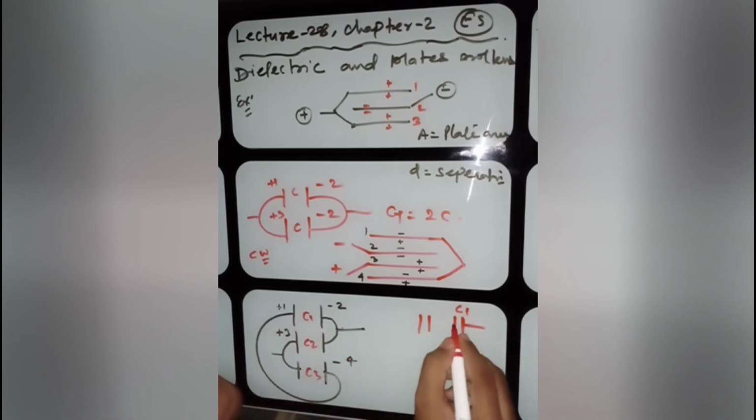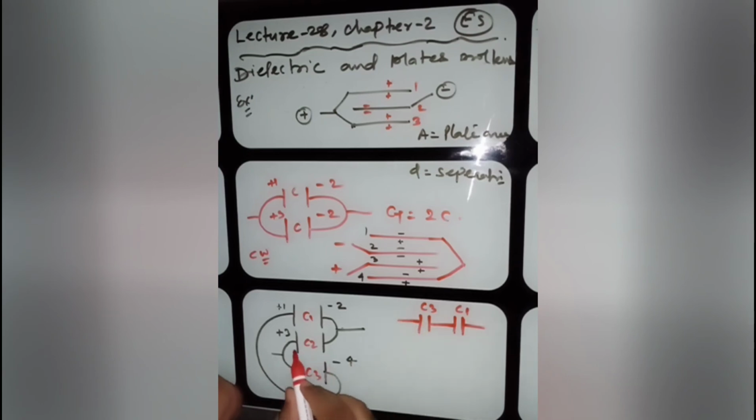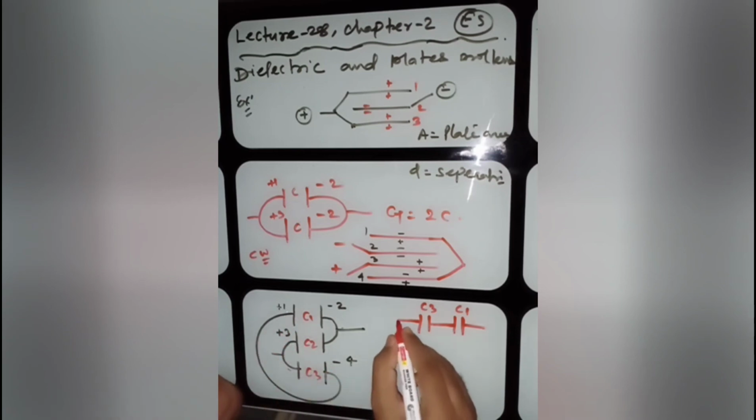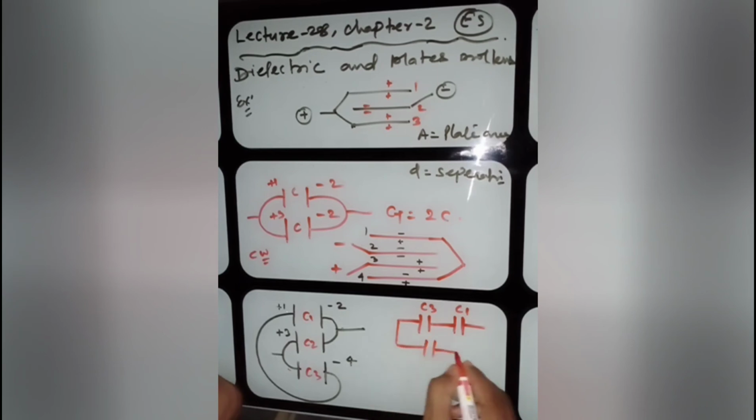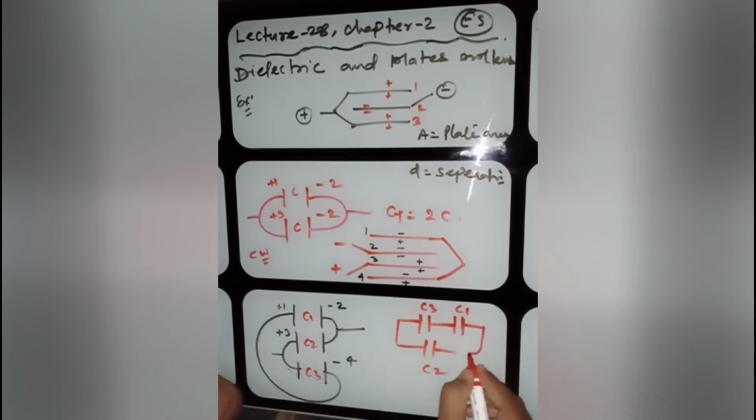It is connected with C3, and C3's other terminal is going to meet with C2. And C2's other terminal is going to C1.